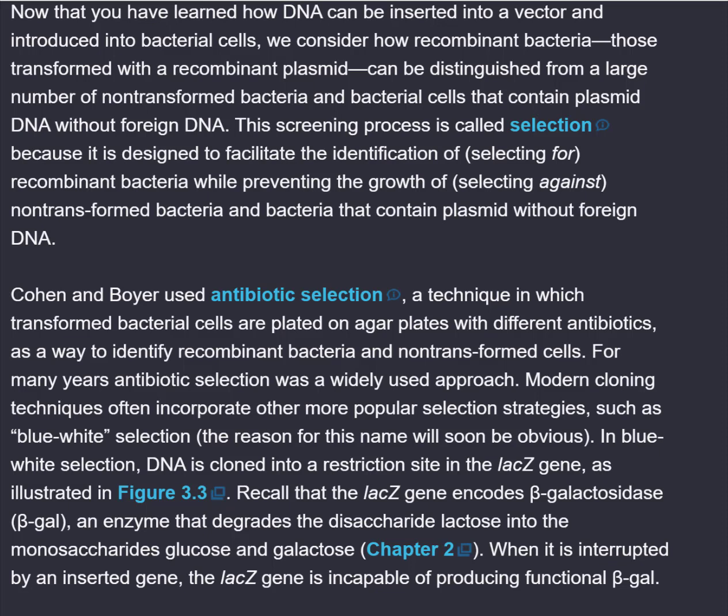This screening process is called selection because it is designed to facilitate the identification of, selecting for, recombinant bacteria while preventing the growth of, selecting against, non-transformed bacteria and bacteria that contain plasmid without foreign DNA.